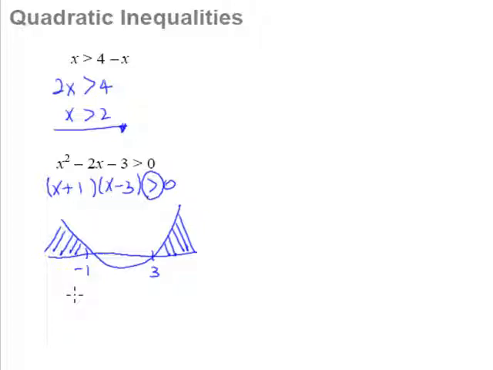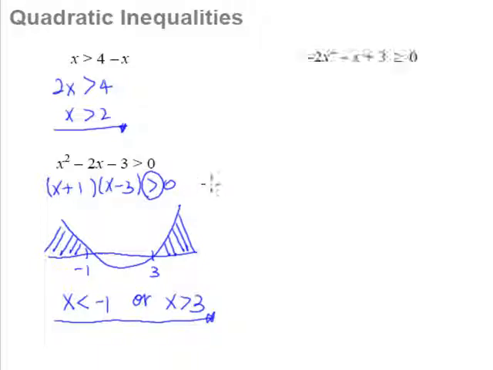So the x value will of course be x less than -1 or x more than 3. This will be your final answer to this quadratic inequality. Simple? Well, I hope so. Let's take a look at one more.